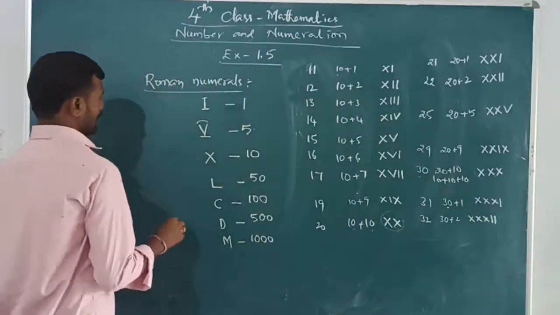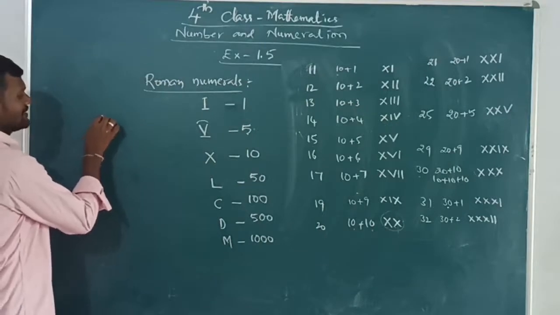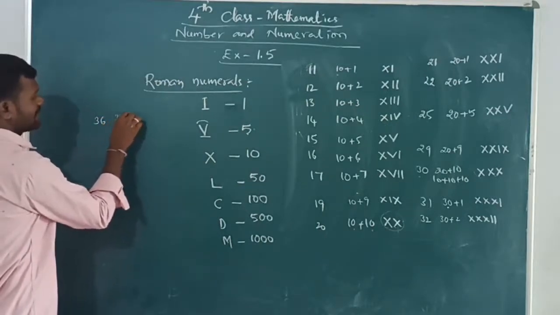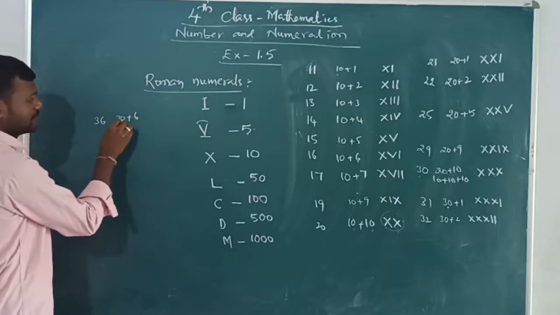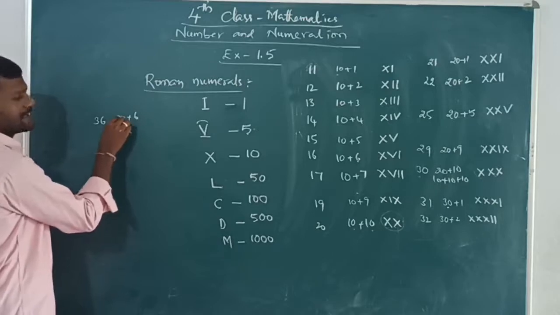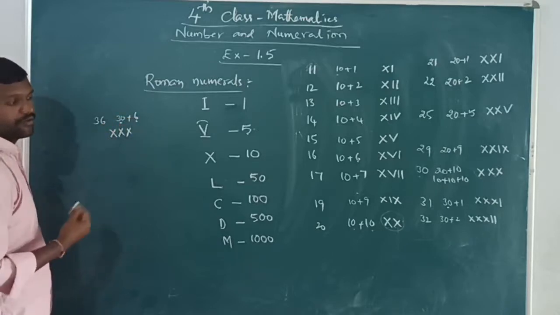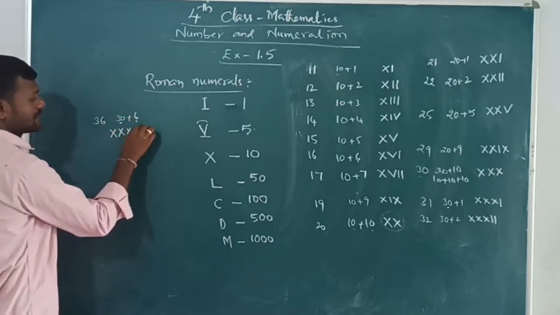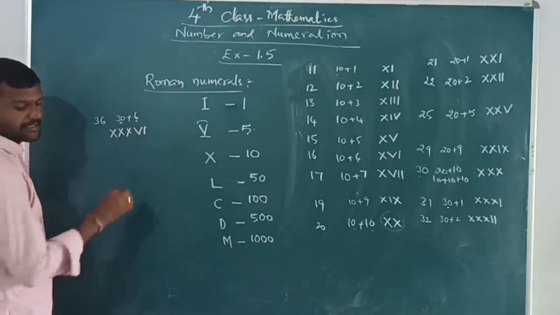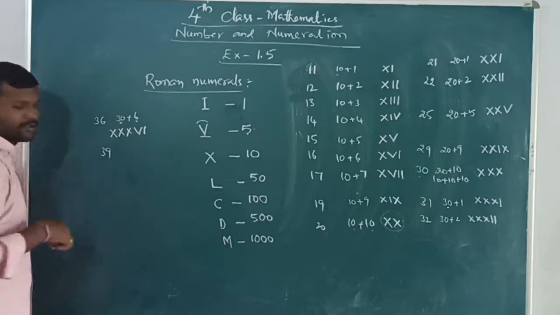Okay. Now I want to write how much? 36. How can I write 36? 30 plus 6, 36. 30 means XXX. This is 30. And 6. How can I write 6? This one, VI. Okay, 36. Next 39 I want to write.